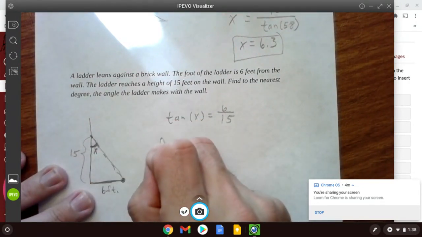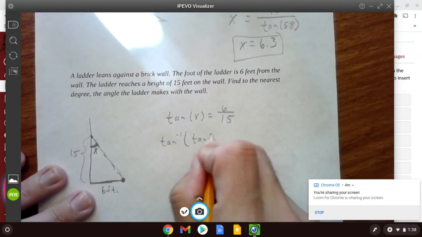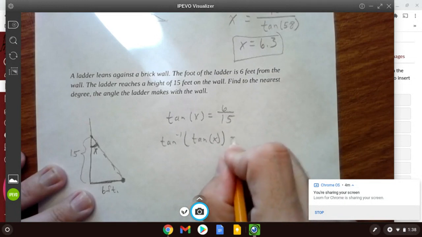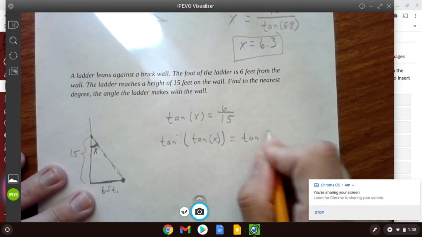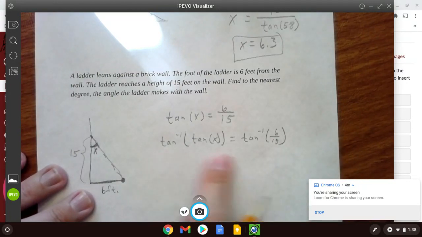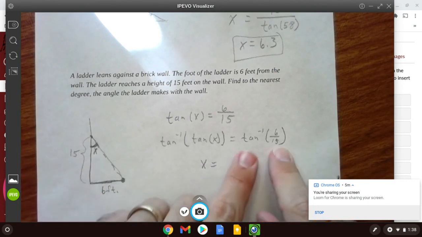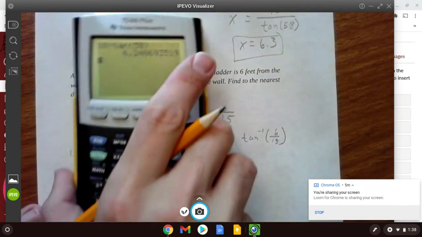So inverse tangent of tan of x is equal to the inverse tangent of 6 over 15. This side doesn't matter too much because they're just going to cancel out, but this side is going to be our answer.